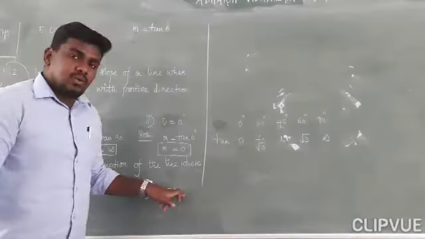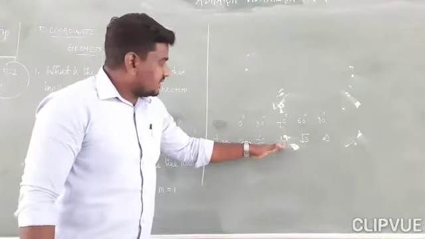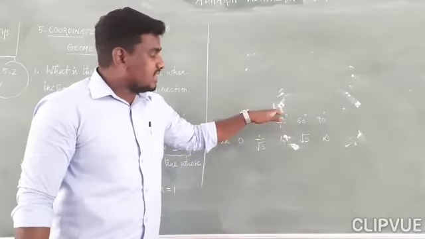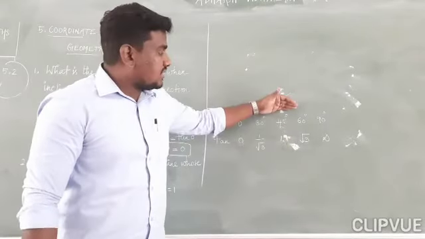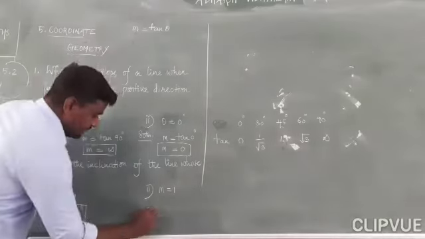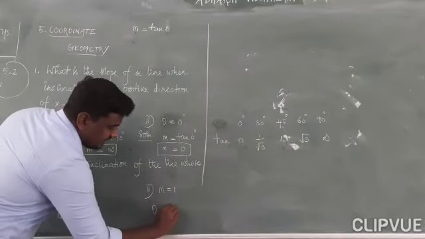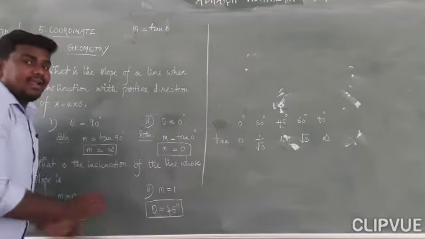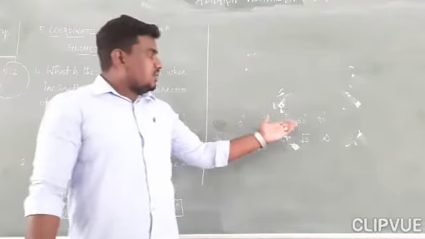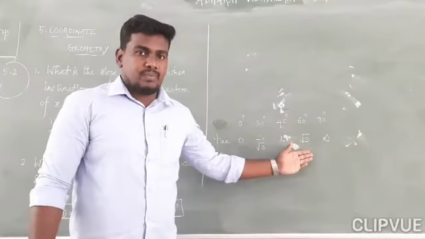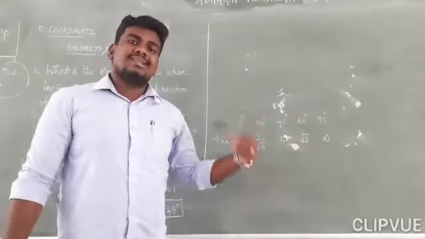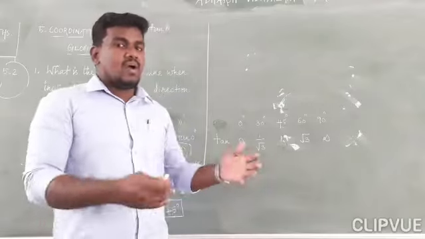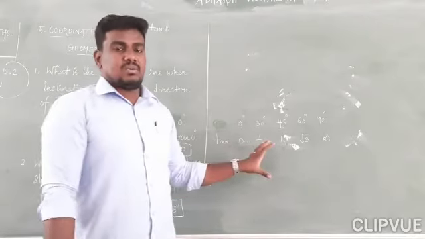Second, m is equal to 1. Here we get 45 degree, since tan 45 is equal to 1. Therefore, angle of inclination theta is equal to 45 degree. Like this we can ask, if theta equal to 60 degree, what is the slope? If the slope is root 3, what is the angle of inclination? We can ask many questions from this section.